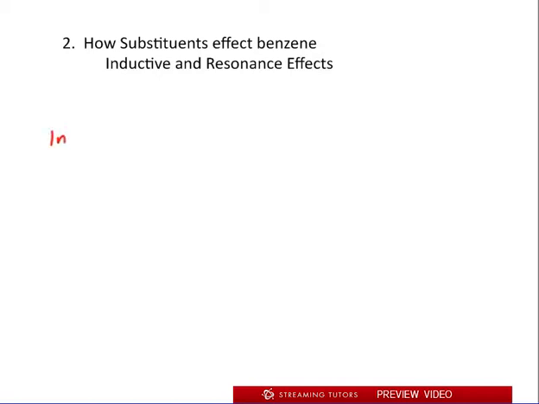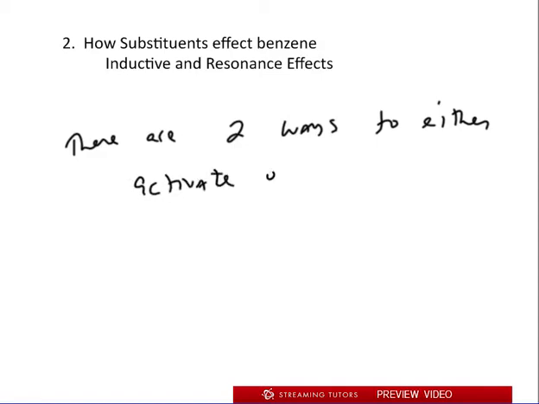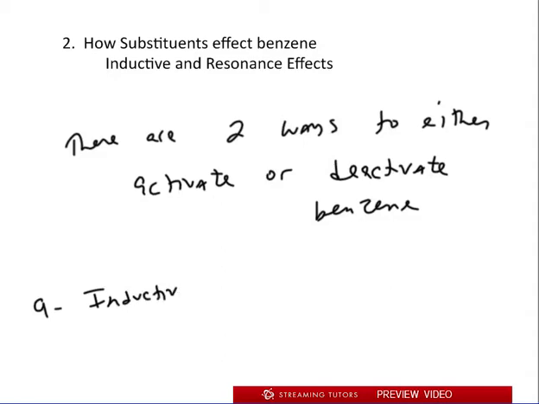There's an inductive, and that's one way. So let me just title this one more way in addition to what I wrote. So I'm going to write over here, there are two ways to either activate or deactivate benzene. And that is either A, inductive, or B, resonance.